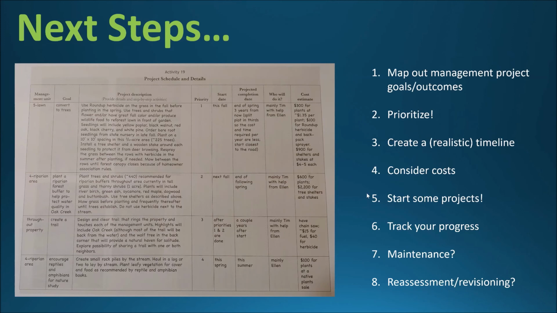Don't forget to consider costs. Obviously, financial issues can be a challenge or an impediment to this process, so make sure you're considering that. And then getting into it, right? Implementing these projects, tracking your progress, and then considering, if there's maintenance involved, and then reassessing or revisioning in future years.